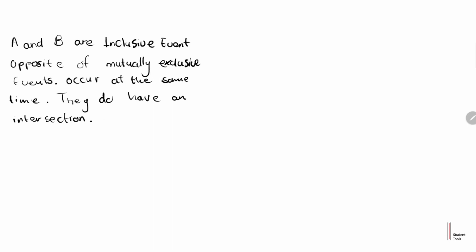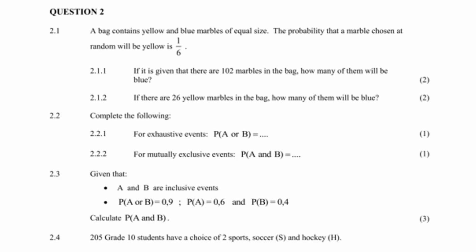All right. So we're also given more information here. We're given that the probability of A or B is equal to 0.9, and the probability of A is equal to 0.6. Also, we're given that the probability of B is equal to 0.4.